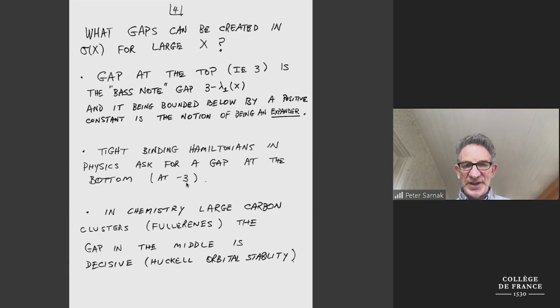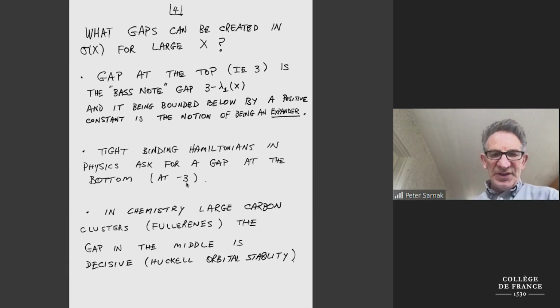So actually, Alicia, who came to talk and ask questions about this, is how we started to collaborate. She found that in work she was doing in tight-binding models, Hamiltonians in certain settings, which I'll show you a picture of in a second, it was the gap in three-regular graphs at the bottom, at -3, that was more important.